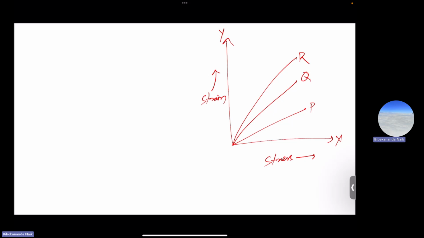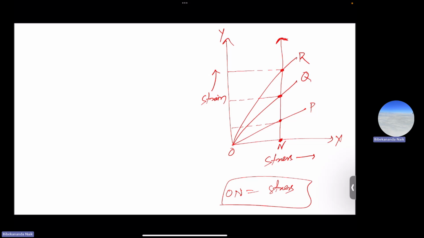Since drawing a vertical line is easier, we can connect the three lines P, Q and R. Suppose this is O and this is N. So ON is the value of stress. When we draw this line, it intersects the lines P, Q and R at 3 points.